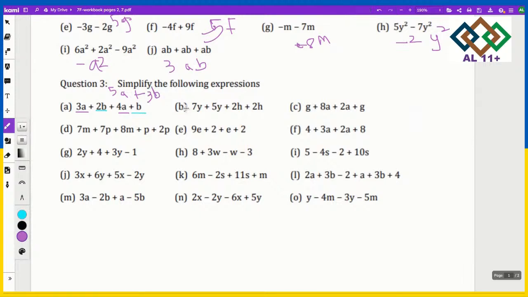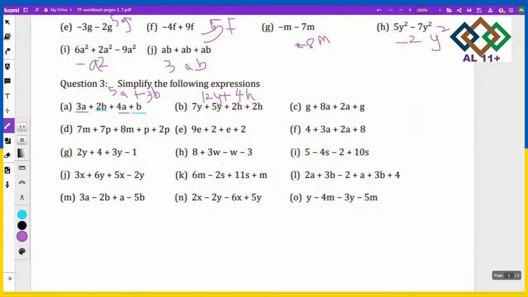Then you have B. You will do the same thing. Put the Y's first and the H, they are already in the order. So you'll do 7 plus 5, that's 12. 12y plus 2 is 4. And then you have to put the H. Now you're on number C. Number C is G plus 8A plus 2A plus G. So get the A's first.